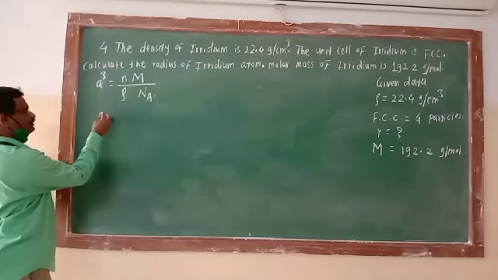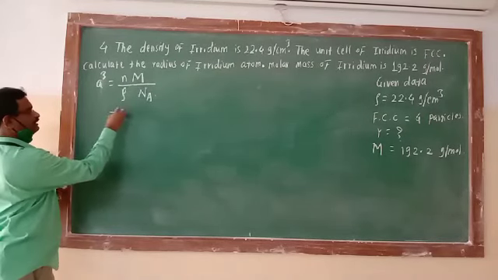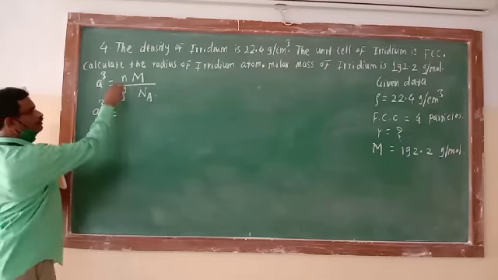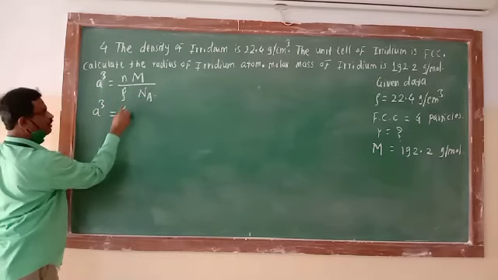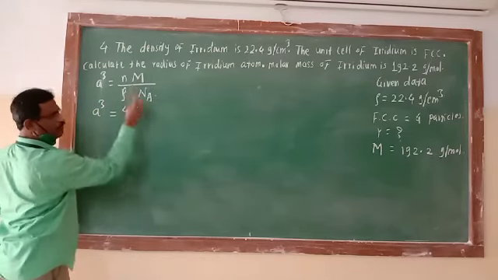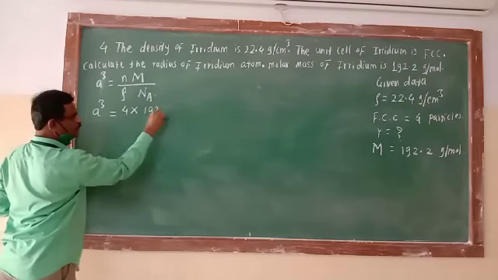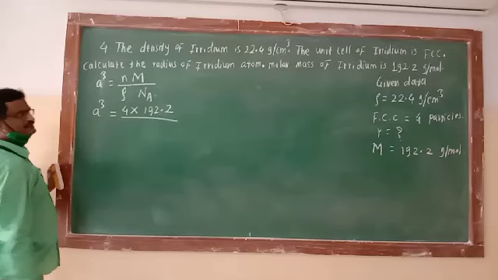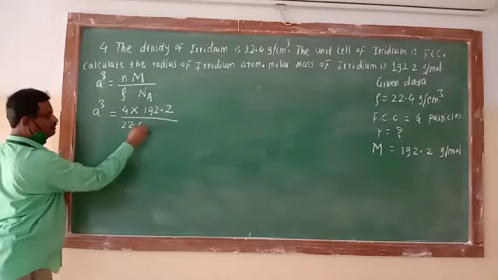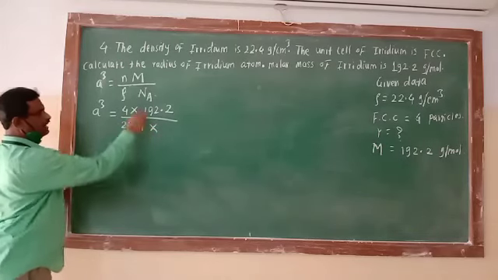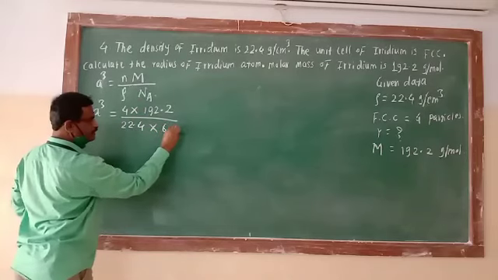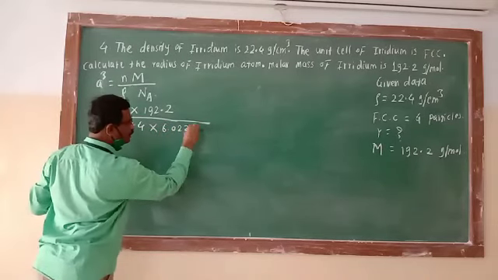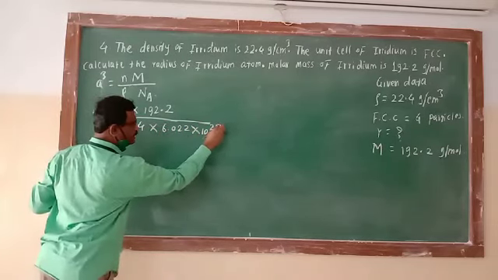So let us substitute the values. a cube will be equal to N, number of particles 4, multiplied by M, molar mass 192.2, divided by density 22.4 multiplied by Avogadro's number 6.022 into 10 raised to 23.